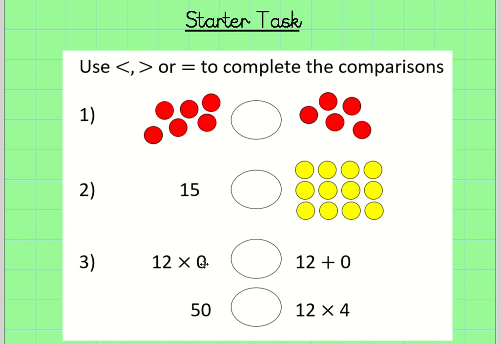When you get onto the multiplications, especially 12 times 4, think about the work that we've been doing over the last few weeks with multiplication. Remember that the 4 times table is double the 2 times table, so if you're not quite sure, think about what 12 times 2 is, and then double it. Okay, and I'll write that down just to remind you. So think, what is 12 times 2?